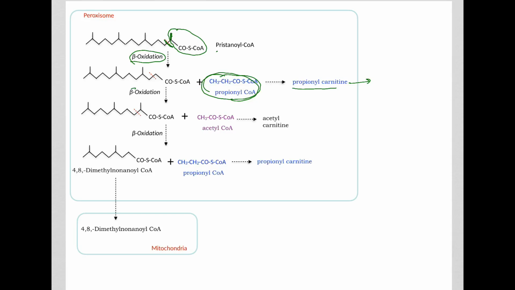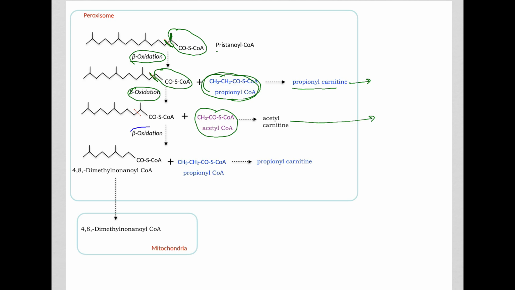In the next cycle, once again, we break the bond between the alpha and beta in beta-oxidation. And now we have this part here, and this part comes out as acetyl-CoA. Okay, so this acetyl-CoA is converted to acetyl-carnitine, which is then transported out of the peroxisome.